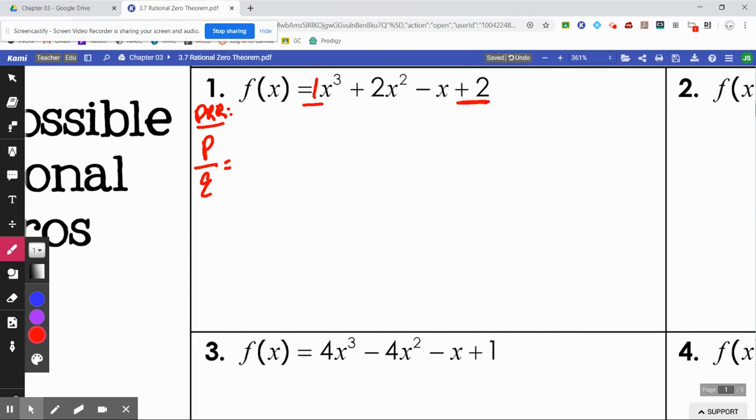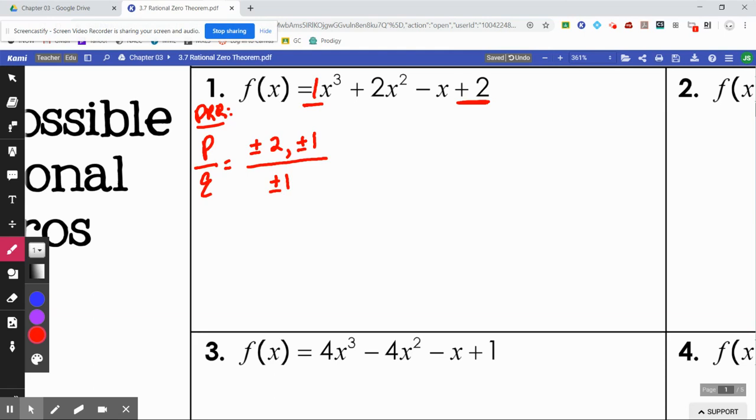So in this case, positive or negative 2 is a factor of 2, and positive and negative 1. That's all the factors of your constant term. And you can put a comma there, however you need to do it. But you're going to list all the factors of your constant term over all the factors of your leading coefficient, which are positive and negative 1.